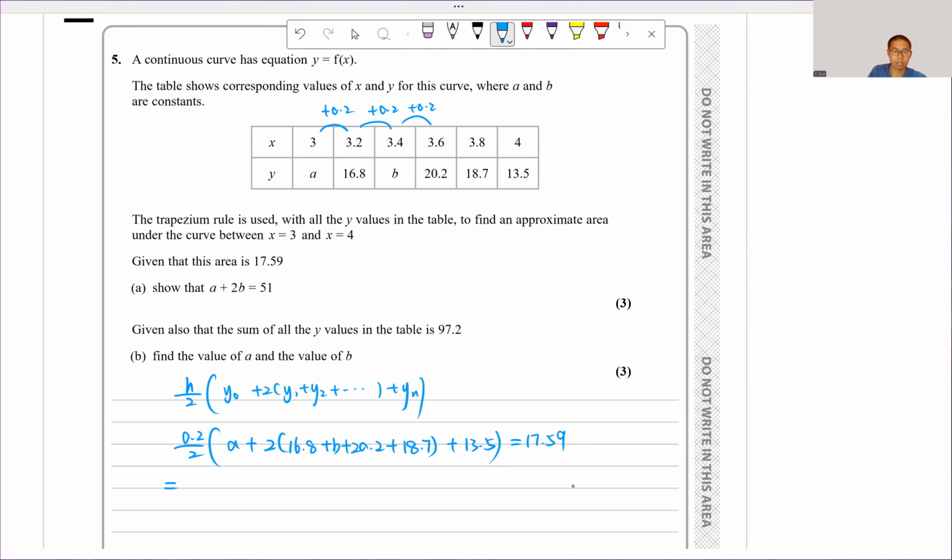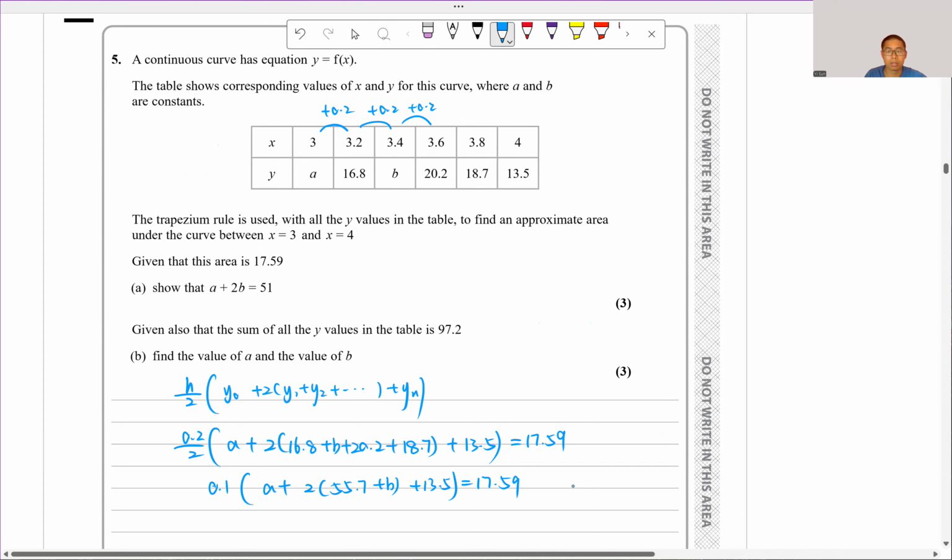Let's simplify this. So 0.2 divided by 2 is 0.1. And then a plus, so 16.8 plus 20.2 plus 18.7 will give us 55.7. Once we have this, it's easier to divide by 0.1 on both sides.